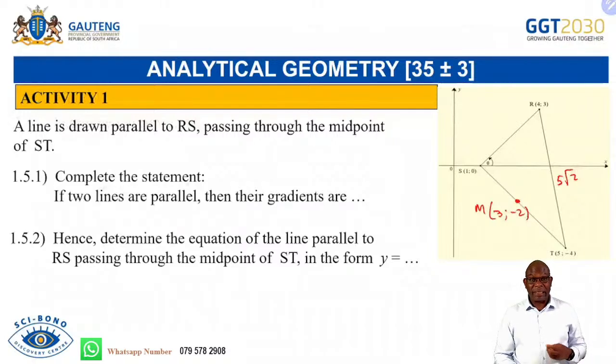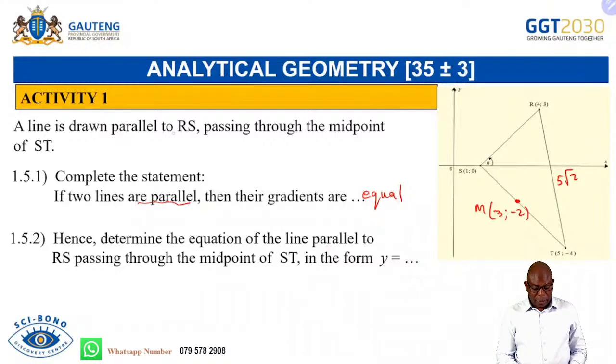And these are statements that we must all know. We must practice. When we're practicing, we understand some of the concepts that we're going to be using in here. If two lines are parallel, then their gradients are equal, or they're the same.